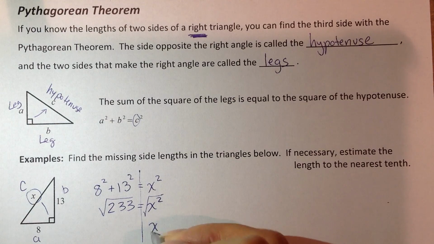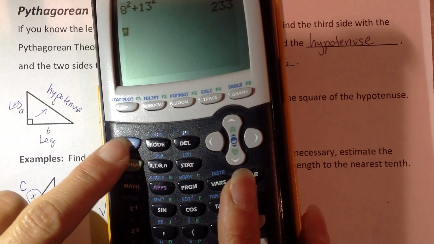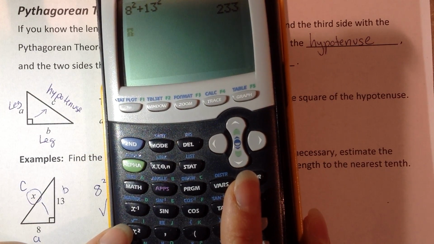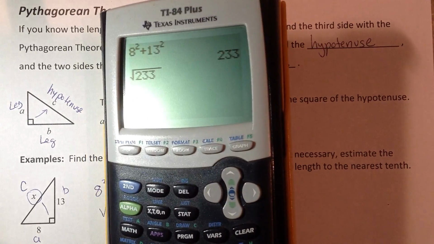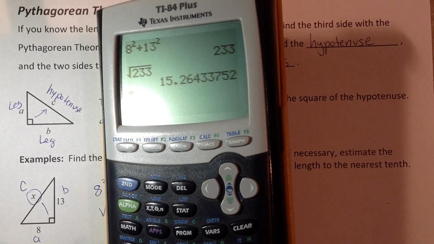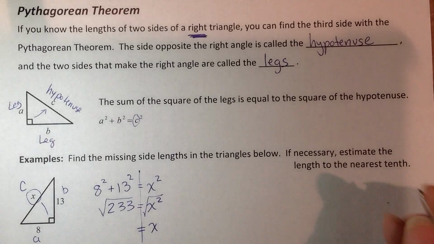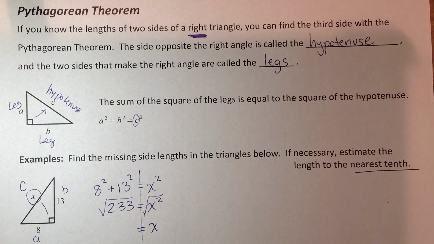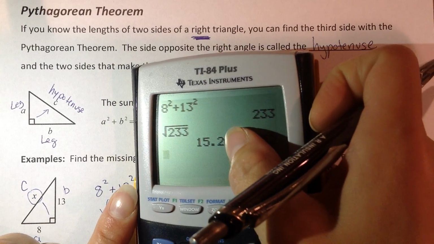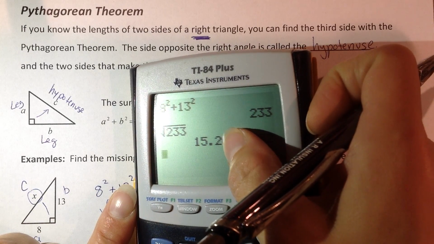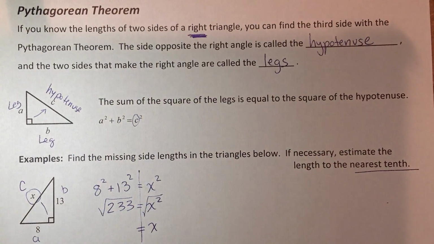So I'm going to get x on this side. On your calculator, you have to hit second because it's on top of the square key, and 233. Enter. 15, let's see, what do my directions say? The nearest tenth. So that's the first decimal place. Remember, we don't just cut off. We're going to look at the next digit. It's a 6, so that's going to move that up to a 3. 15.3.